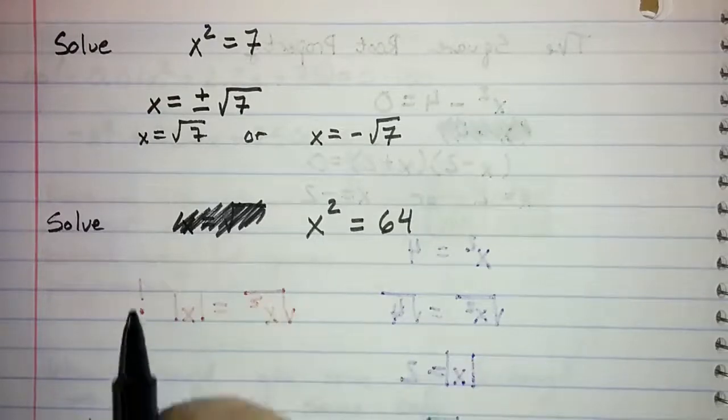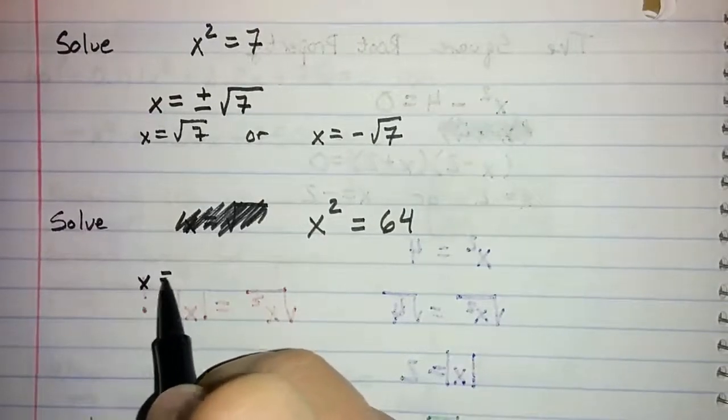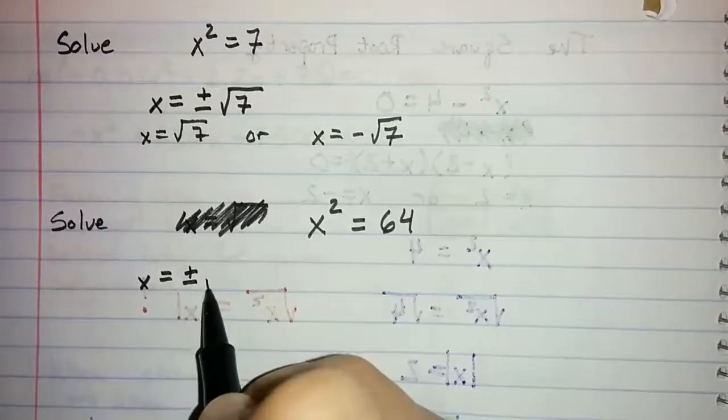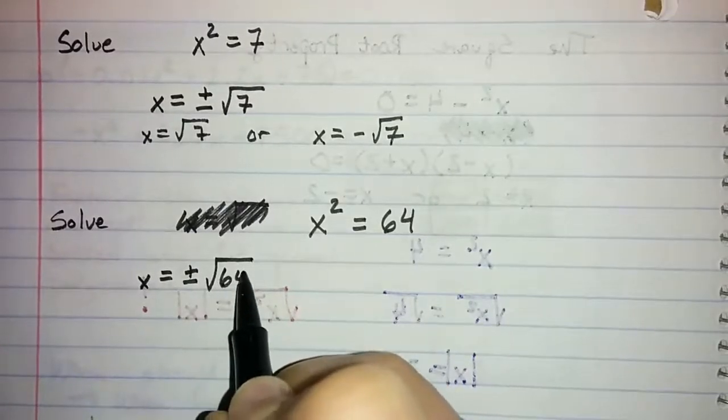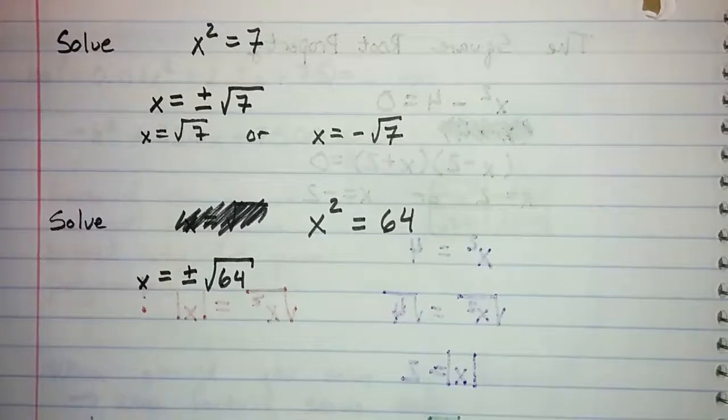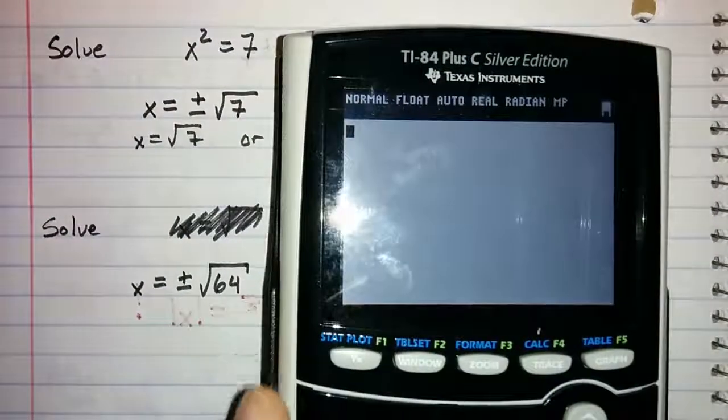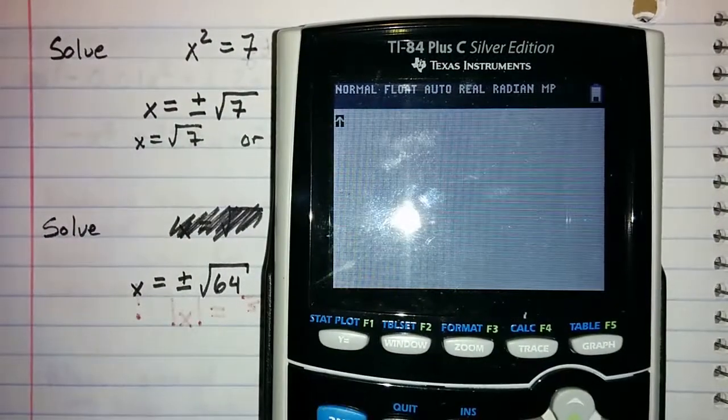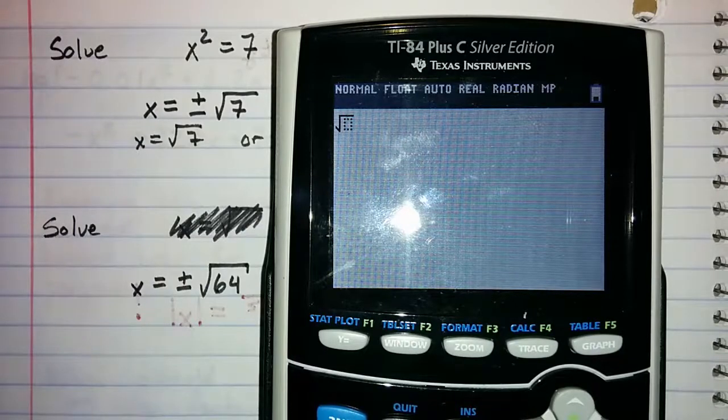Alright, the solutions to this are x equals plus or minus the square root of 64. Now I want to know if 64 is a perfect square. So I go to my calculator, I hit second and then the squared key to get myself a square root symbol, and I punch in 64.